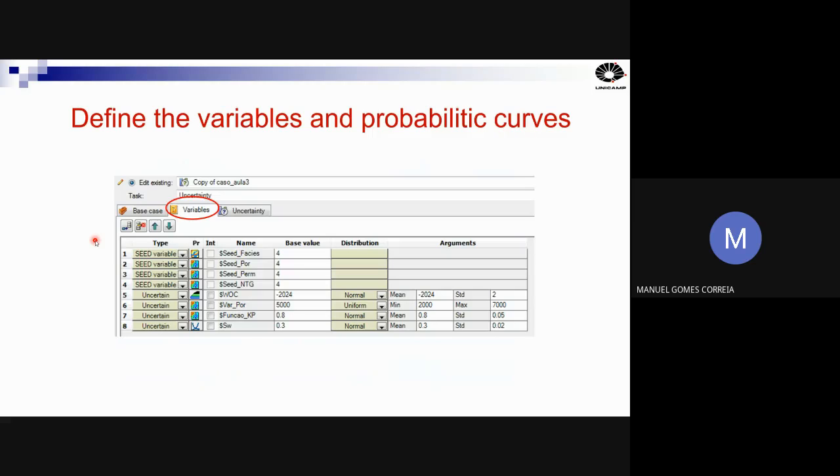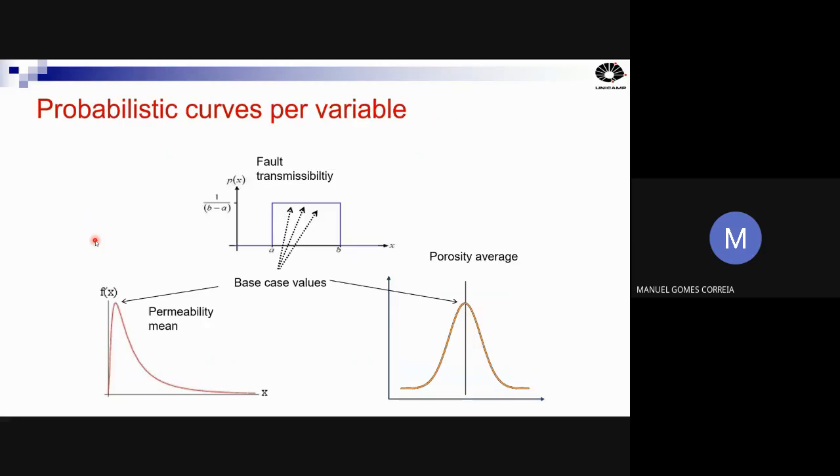Now I'm going to talk about the variables and probability curves. So the variables are the uncertainties that we have in the reservoir. That could be, as I talked about, the depth of the water contact, the variogram, the porosity, the water saturation. For each variable, we have a probabilistic curve.